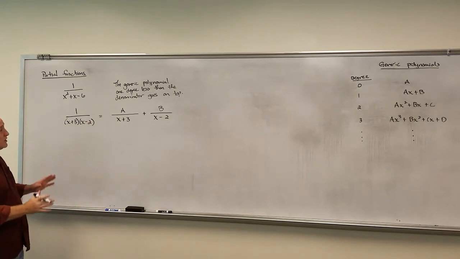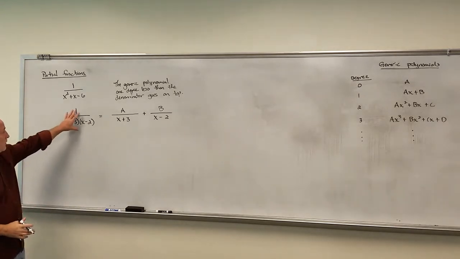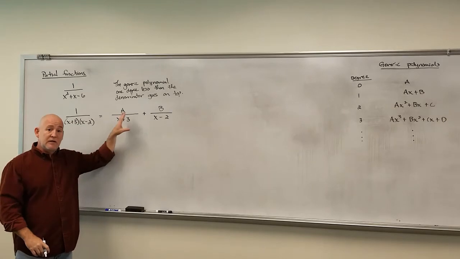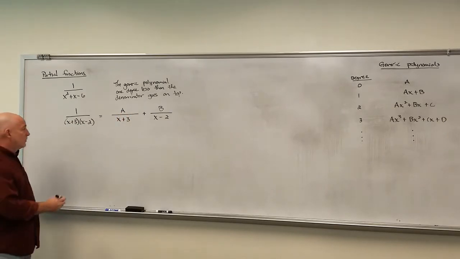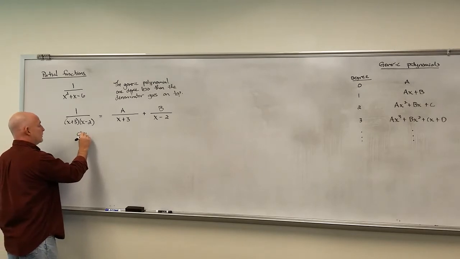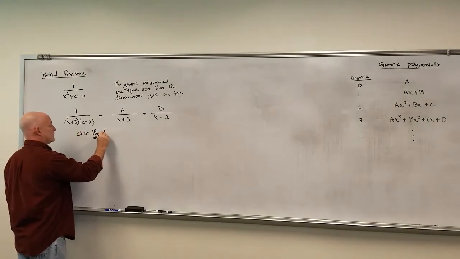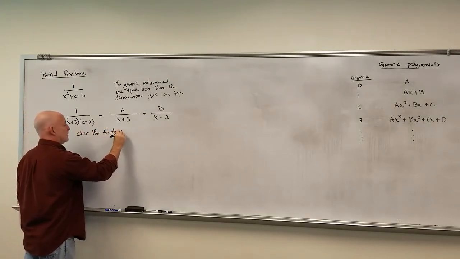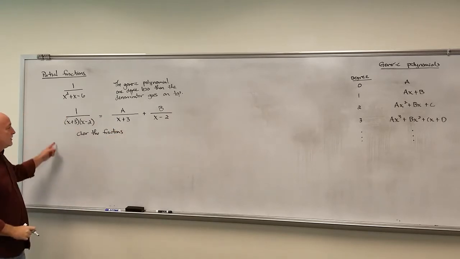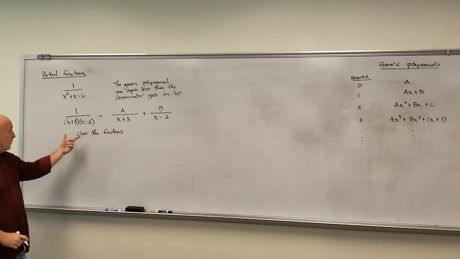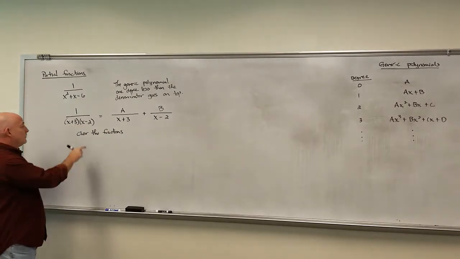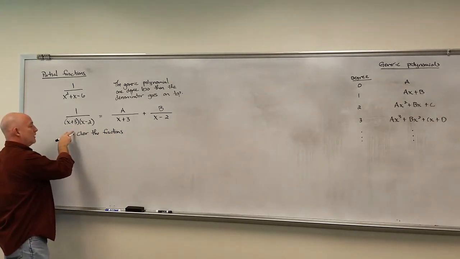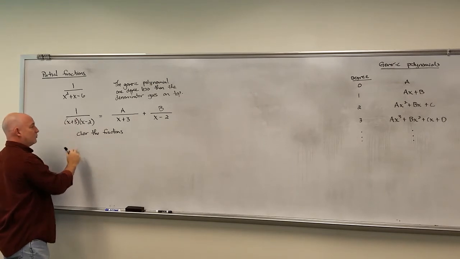Okay, so now we've decided how to break apart our one fraction into two pieces, but I still have these constants that I have to figure out. The way that you're always going to do it is clear the fractions. So I'm going to multiply everything by the least common denominator. Well, we know that this is the least common denominator. That's the whole idea behind this. So if I multiply both sides by this, what are we going to end up with?